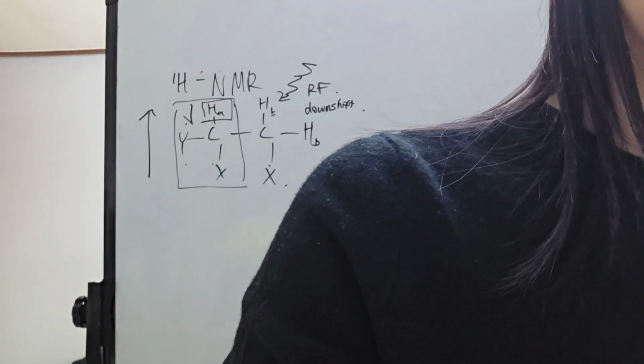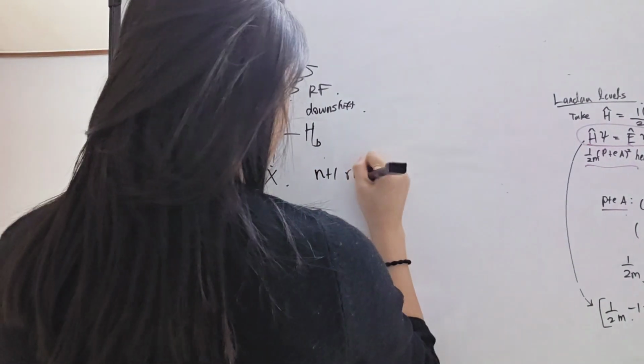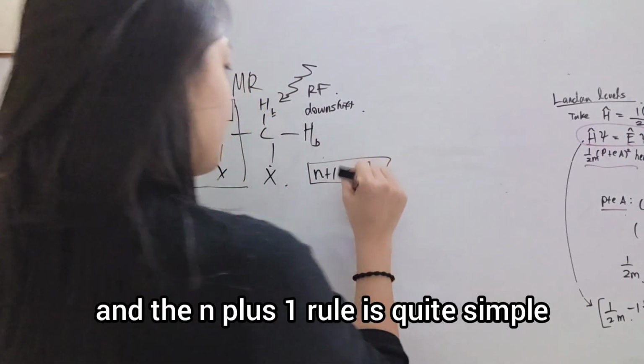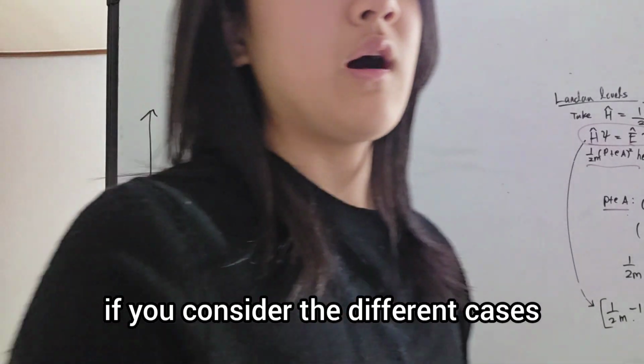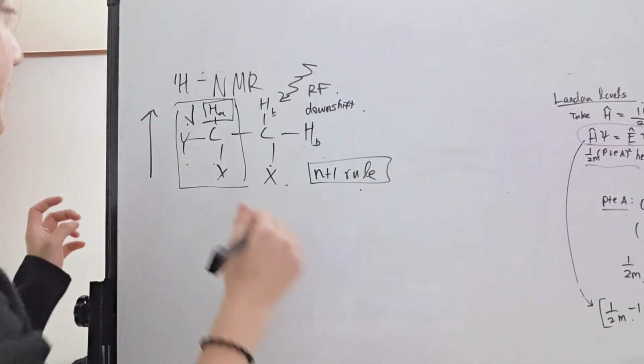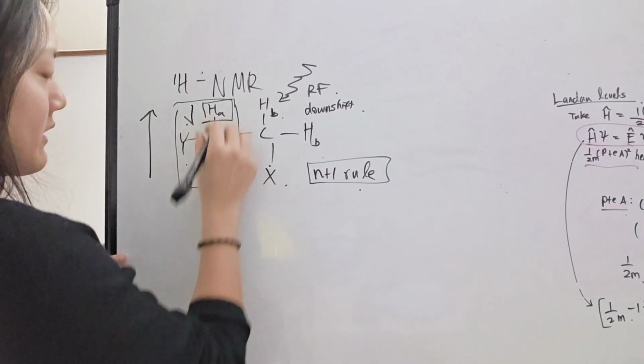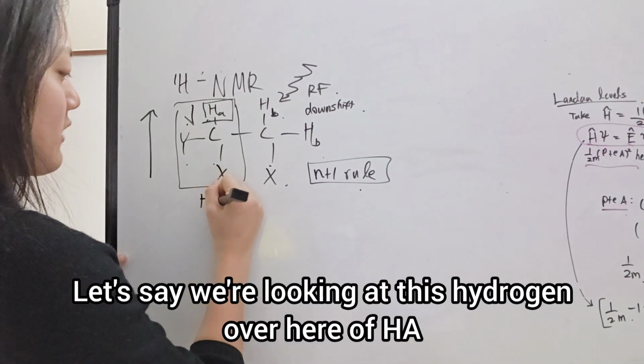So then you might have heard of the N+1 rule. And the N+1 rule is quite simple if you consider the different cases that this might have. So if I'm talking about this hydrogen over here, let's say we're looking at this hydrogen over here, HA.